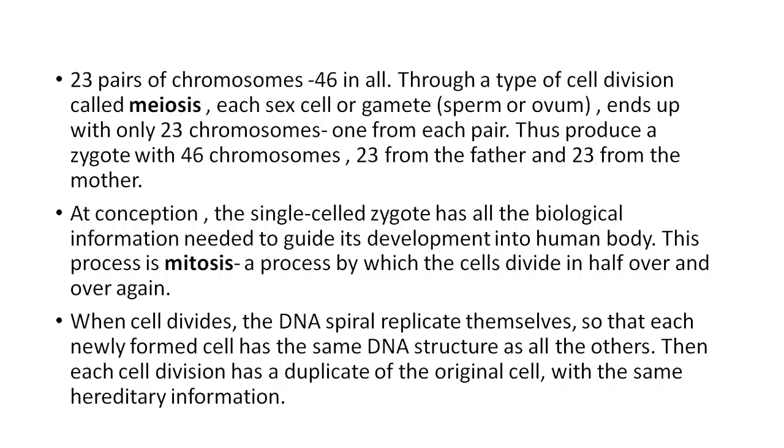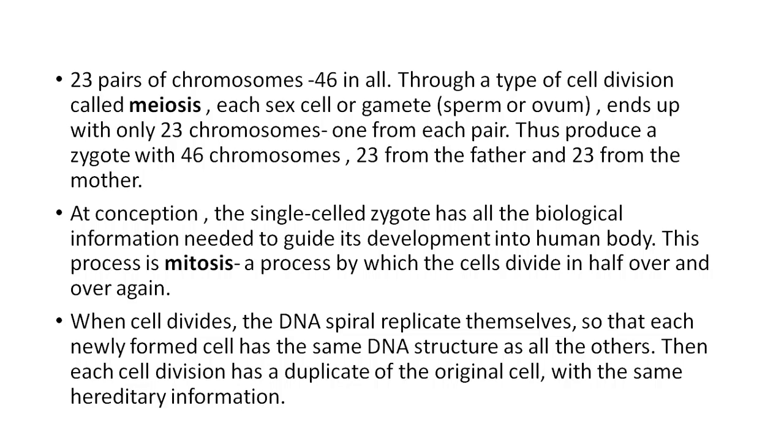A few hours after the sperm penetrates the ovum, the sperm cell begins to degenerate, releasing its genetic material. The nucleus of the ovum releases its own genetic material and a new cell nucleus is created from the genetic material provided by mother and father.